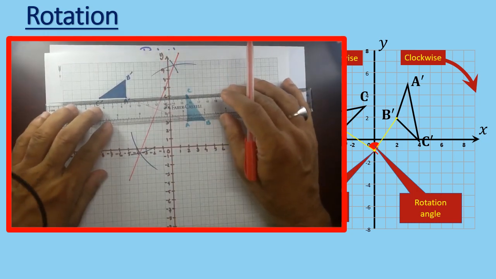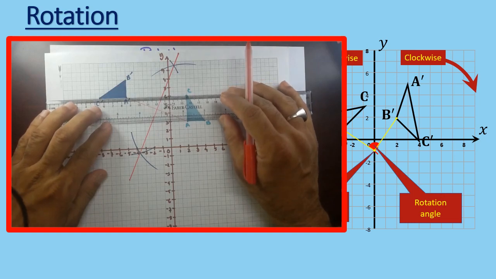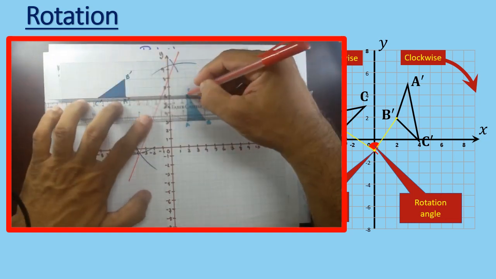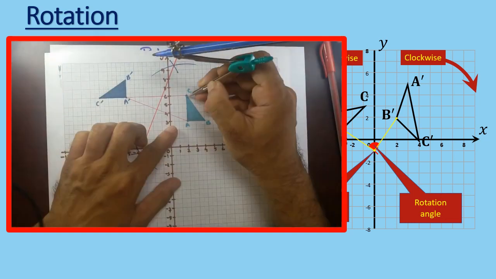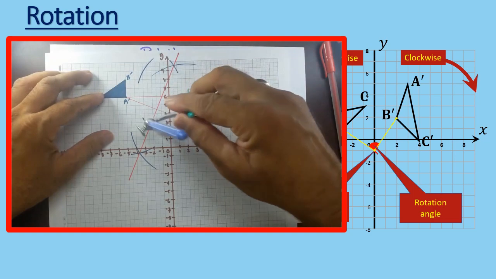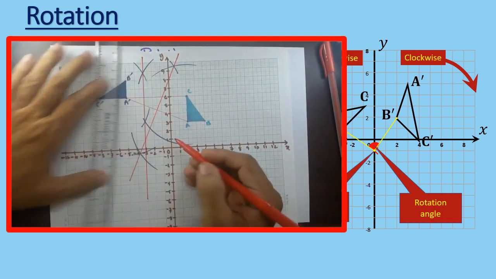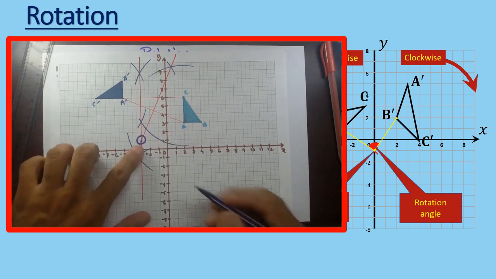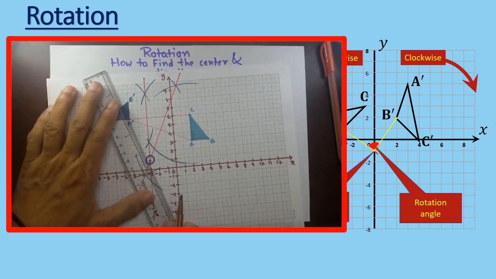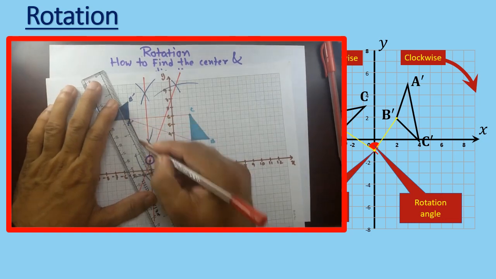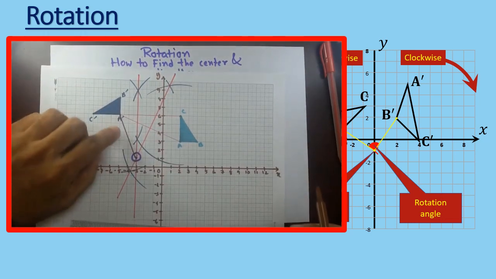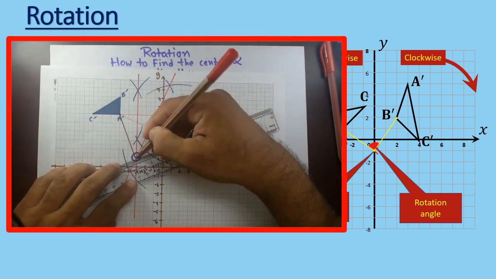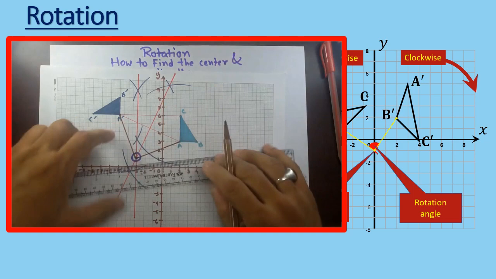Repeat steps 1 to 3 with another set of corresponding vertices. The intersection of the two perpendicular bisectors is the center of rotation. To find the angle of rotation, measure the angle between any line segment connecting a vertex on the original shape to the center of rotation and the corresponding line segment connecting its image to the center of rotation.